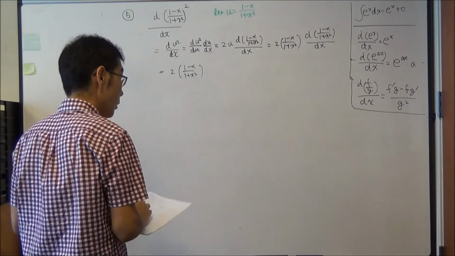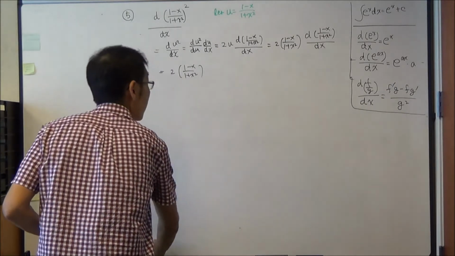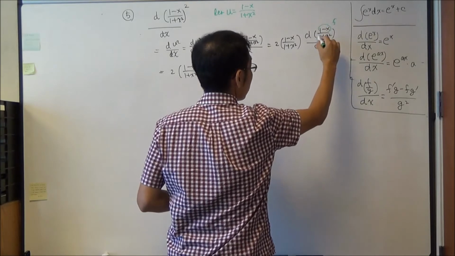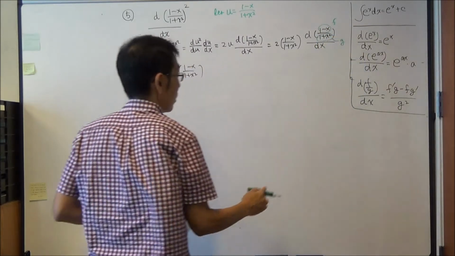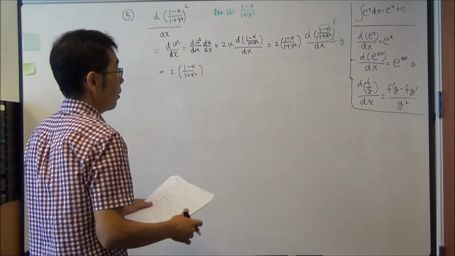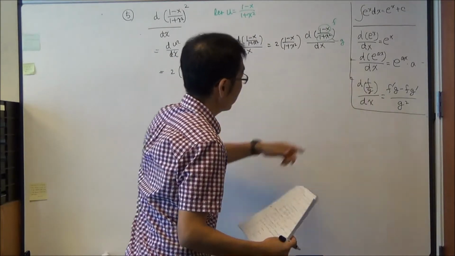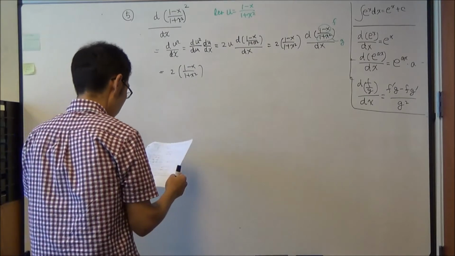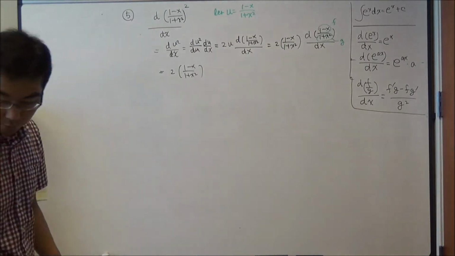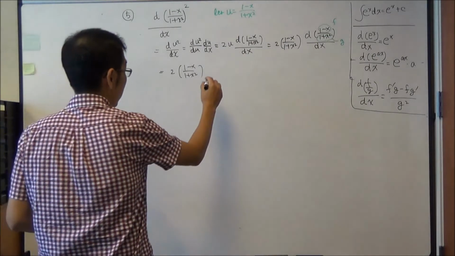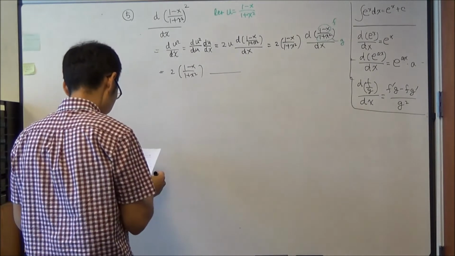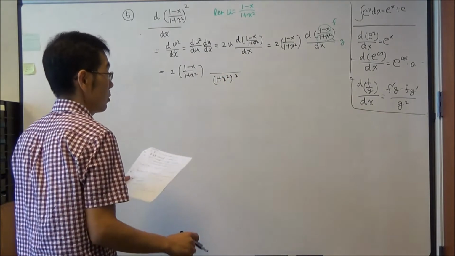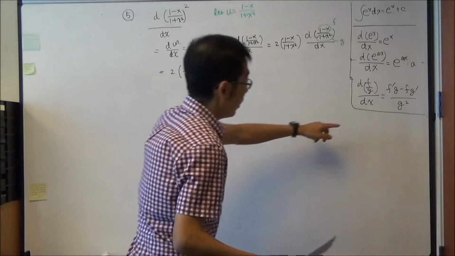So here you can simply think about this as f, and this as g. Okay. If I apply this formula, g squared should be the bottom part, so I put that g here. 1 minus x squared, that's the g squared, and f prime.